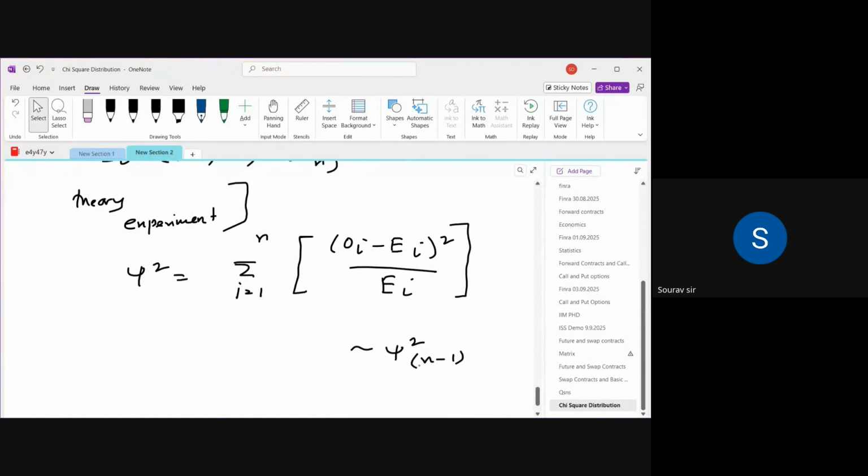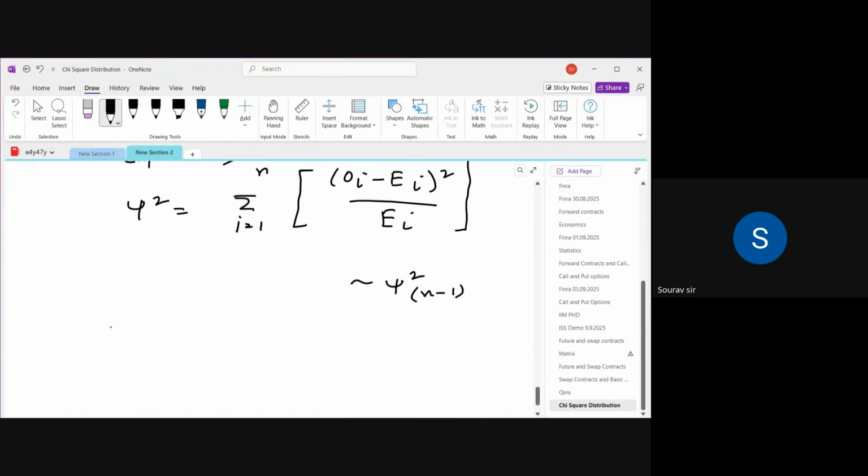One degree of freedom is lost. Why? Because of a linear constraint: summation of O_i, that is summation of E_i, equals n, which is your total frequency.